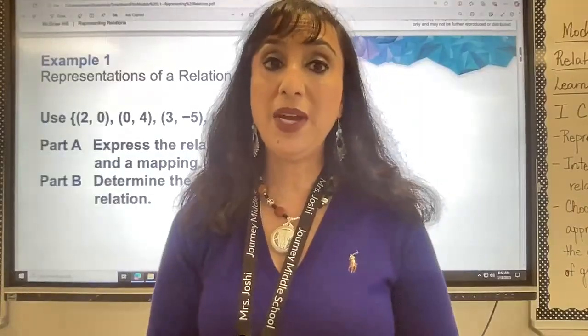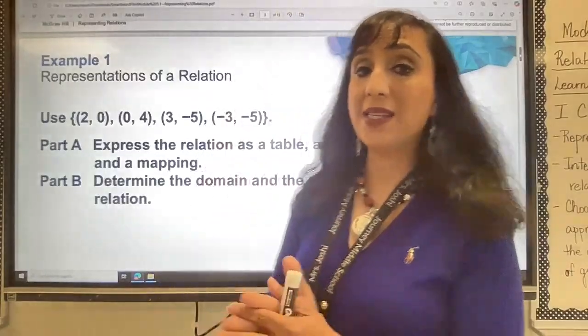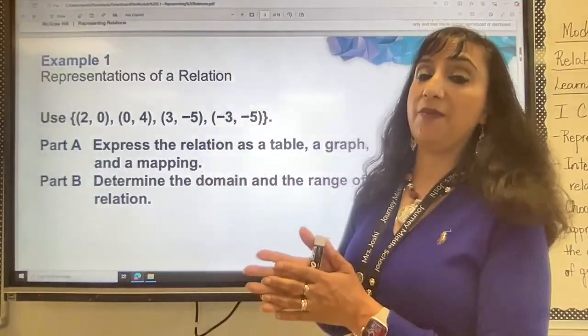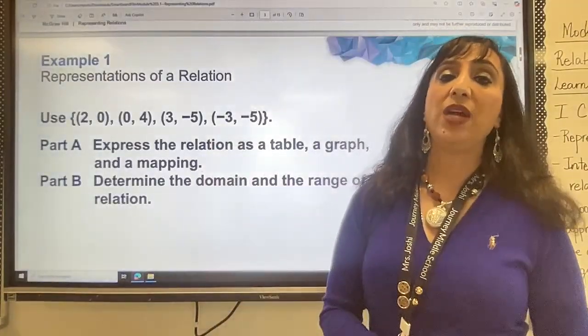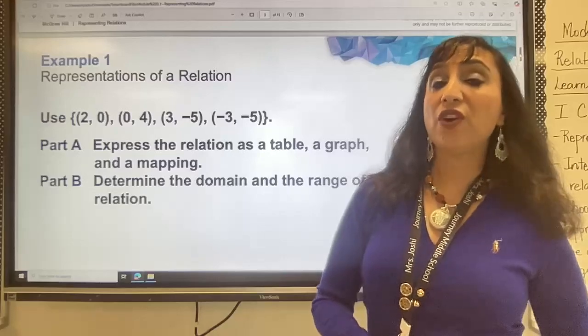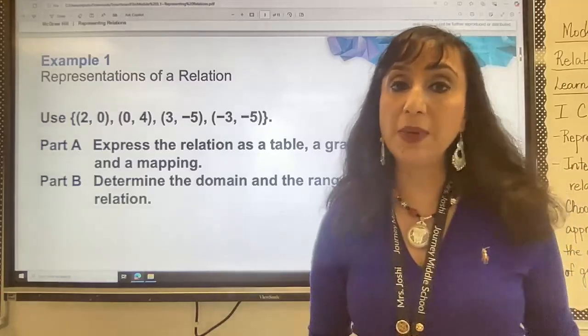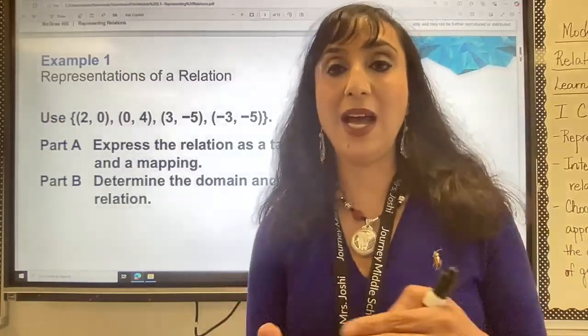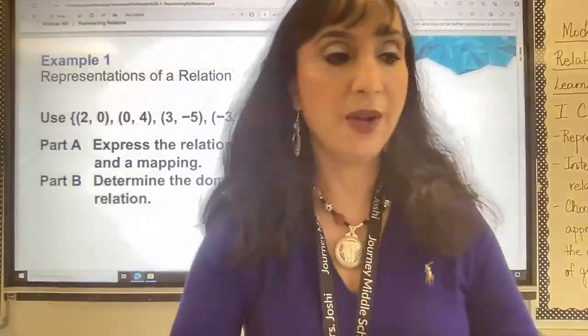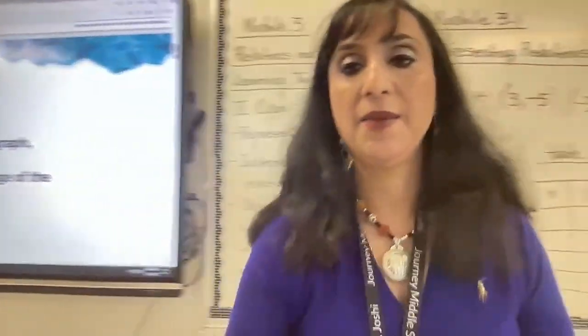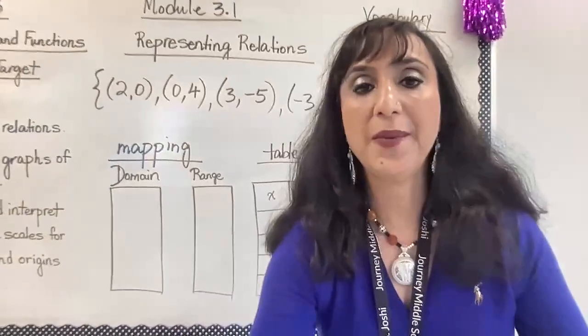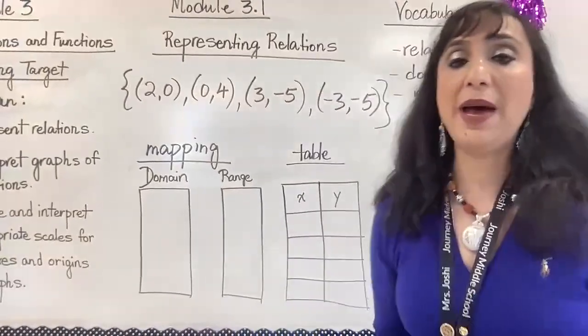So as it's saying for part A, we are mapping it, we are making a graph for it, we are creating a table. So for this data, I'm going to now take you to my board so I can again demonstrate how to create this. Okay, so here we are, and let's do the mapping first.